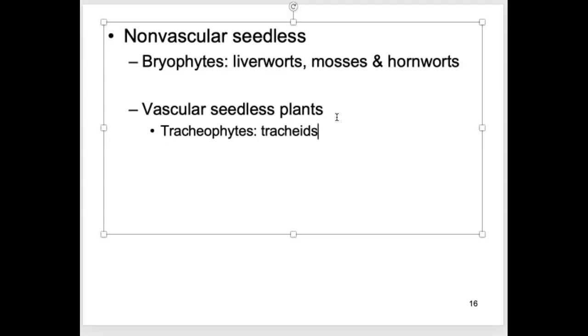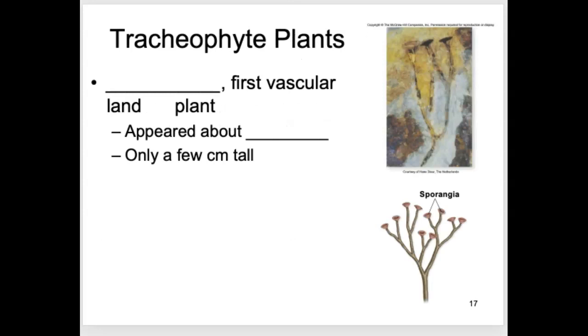Not trachea like what we have in the human body and the respiratory system, but tracheids. Generically, we call these plants the tracheophytes because all of these plants will have those structures. This allowed them to get bigger, to grow taller, to be able to compete better against the non-vascular plants.